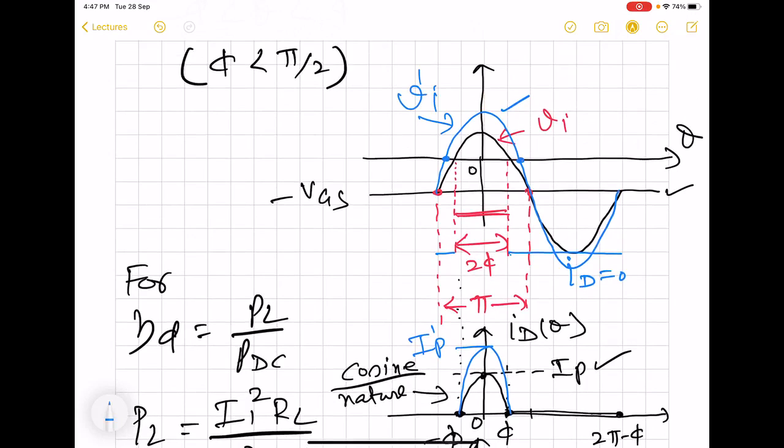So here you can see that when you increase the amplitude of the input in an attempt to maximize the efficiency, you invariably change the phi, the conduction angle. So if you want to keep the conduction angle constant, what we will now have to do is we have to change the DC bias.